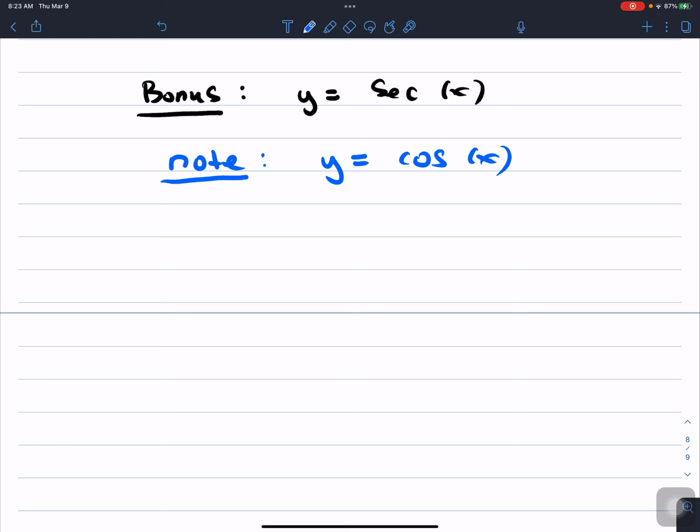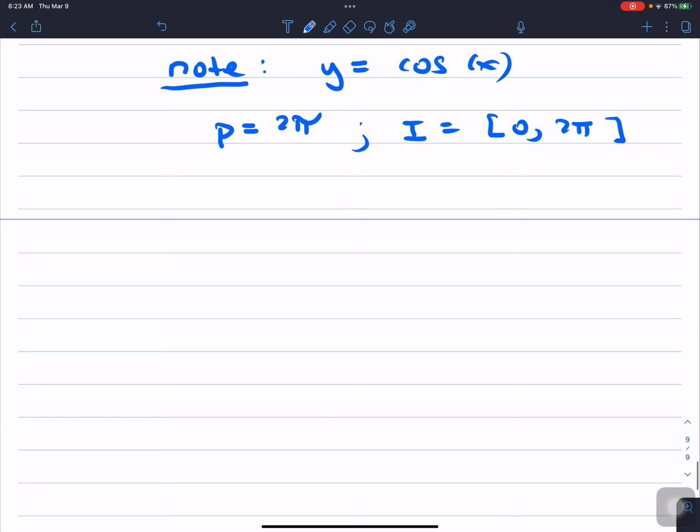What does your cosine curve look like? Consider this. What's the period for cosine? It's 2 pi. What's the interval of one cycle for cosine? 0 to what? 2 pi. Is that true? You guys with me on that?